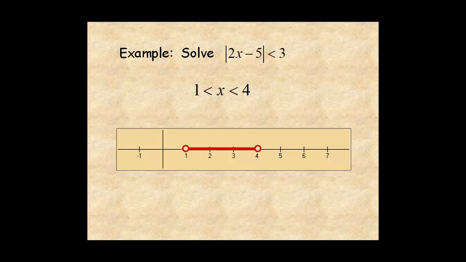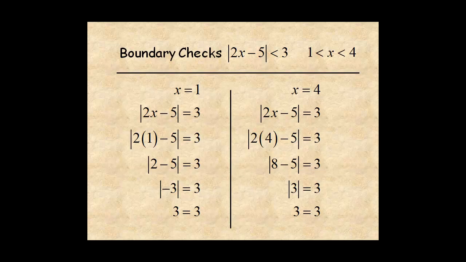Always check the solution. There is a boundary check on the left at x equals 1 and on the right at x equals 4. There is also an inequality check at x equals 3. For the boundary checks, rewrite the inequality as an equation. On the left, substitute x equals 1 for the absolute value of 2 minus 5, which is negative 3.